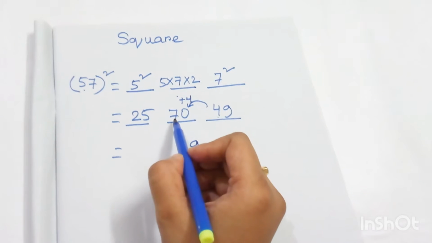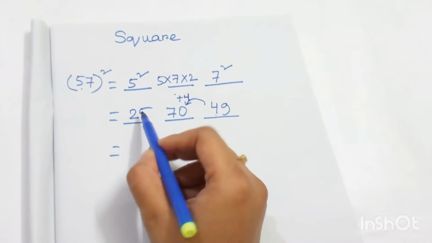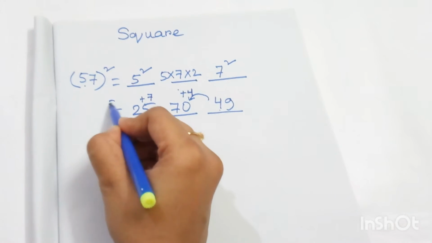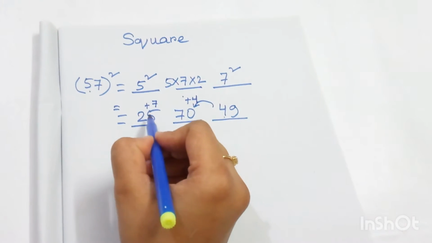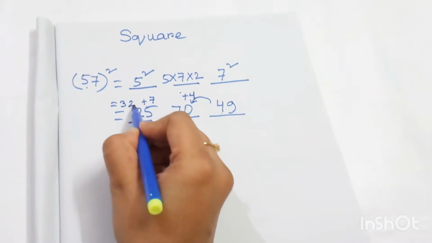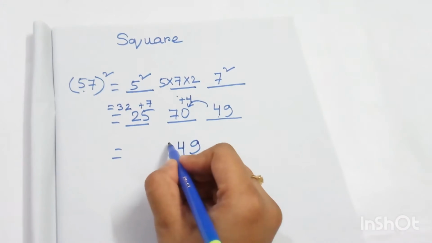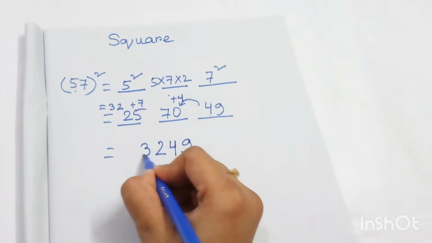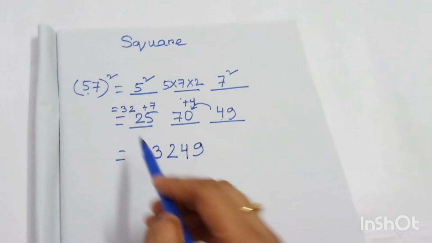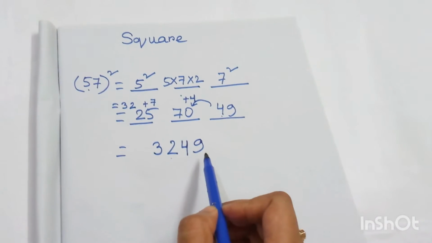Then the 7 will be added to this number. It will be 25 plus 7 is equal to 32, and put this 32 in here. The total square of 57 will be 3249.